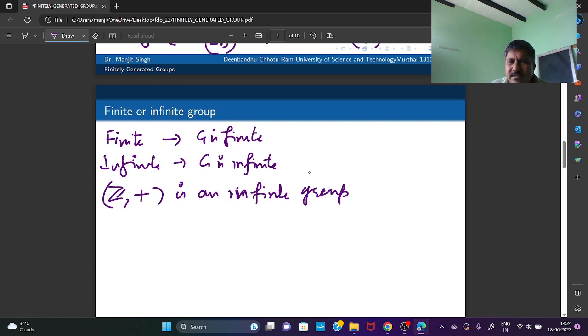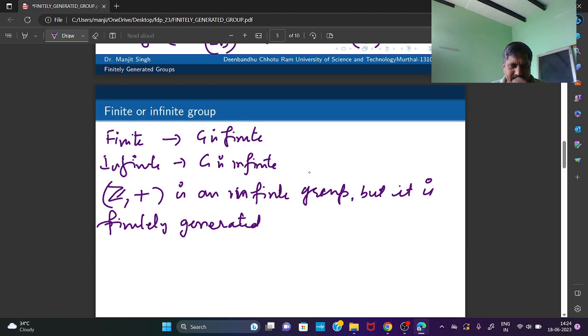The topic of finitely generated groups is quite important because an infinite group can be finitely generated. We will discuss it later on.